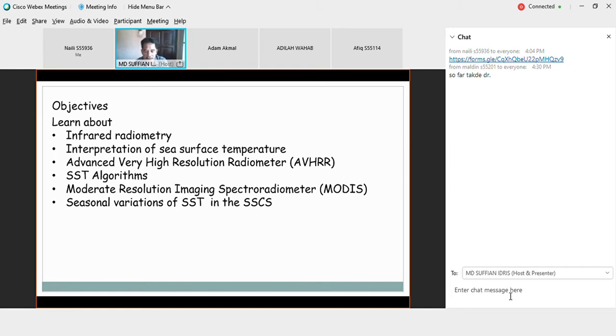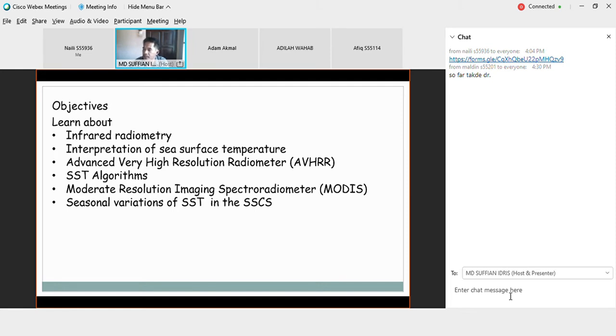You measure dia bukan betul-betul a few micron from the surface, tapi sebagai contoh 0.5 or 0.3 from the surface. That one is a bulk measurement. And then for microwave, it measures subskin, a few centimeter of SST. Kita panggil sebagai subskin SST.